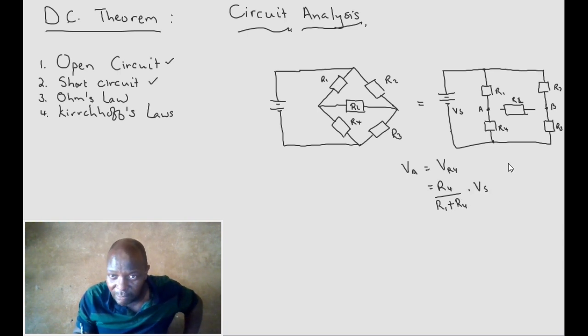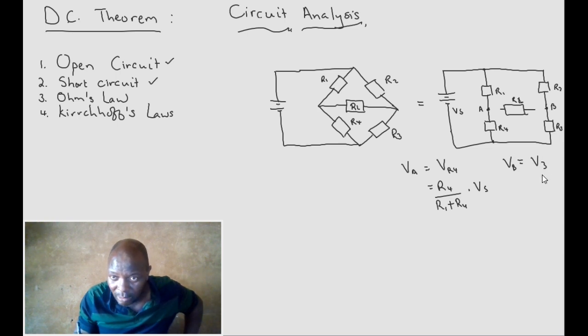Okay, and VB also is the voltage across R3, because R3 is between B and ground, the negative. So that will be the voltage across R3, VR3, which is very important to be able to analyze this correctly.